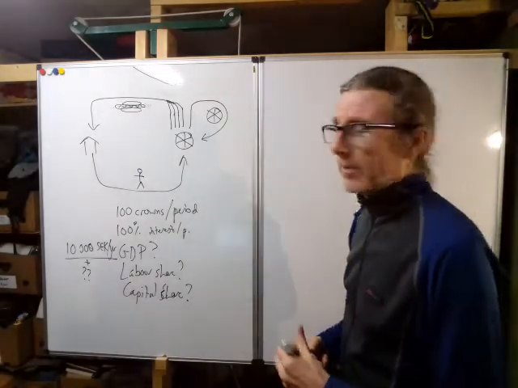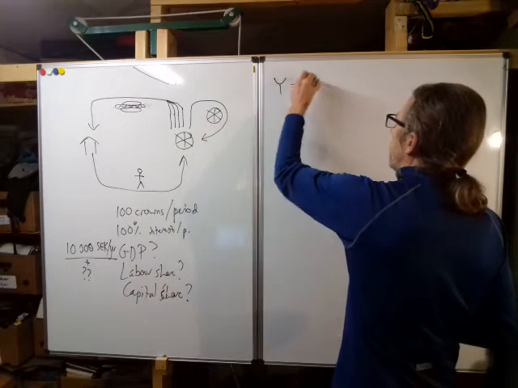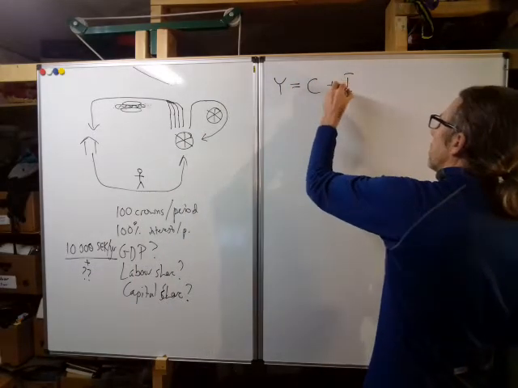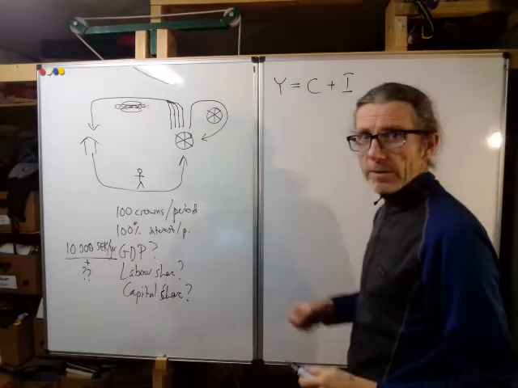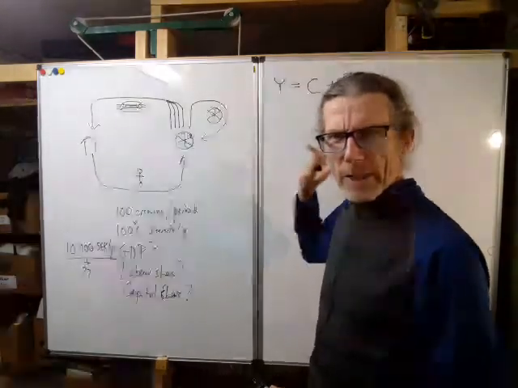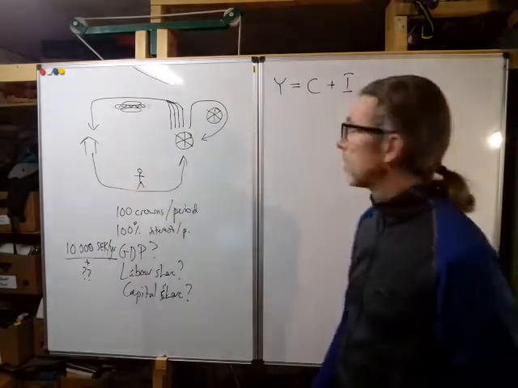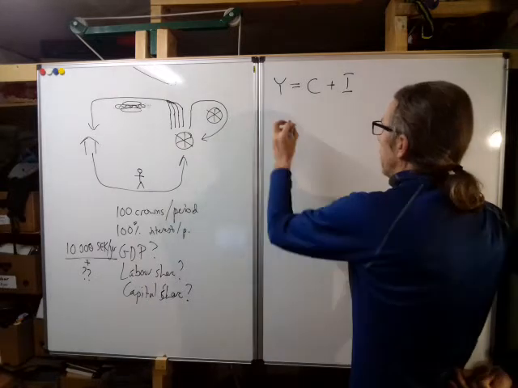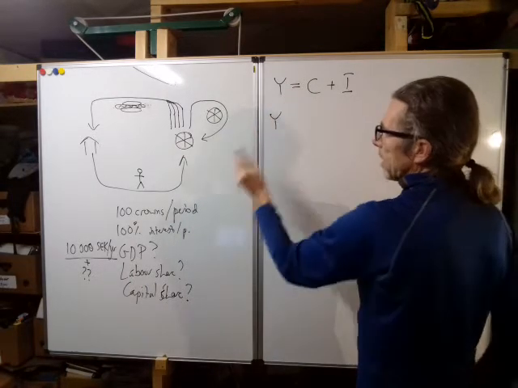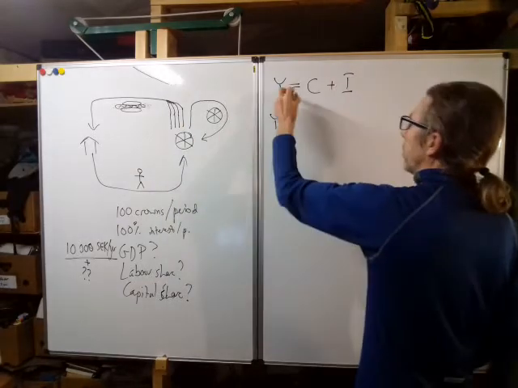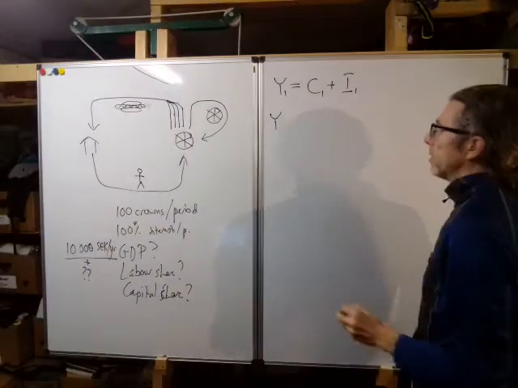So we need two relationships here. One is Y is C plus I. GDP is consumption plus investment. Plus net exports is what you maybe remember learning, but of course this is a closed economy. The other one is that, let's call the current period period 1, Y in period 1 is C1 plus I1.